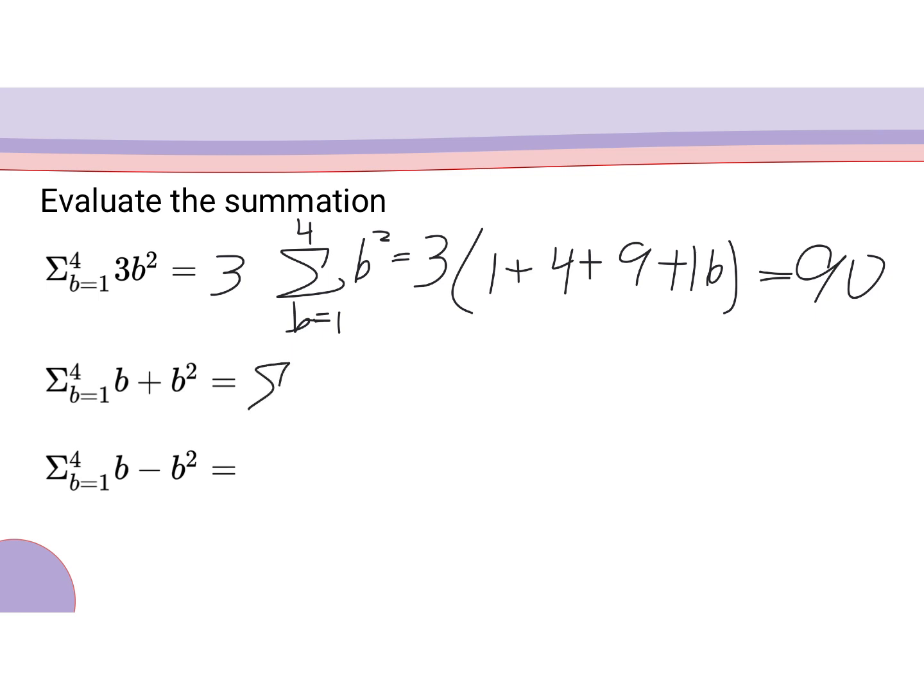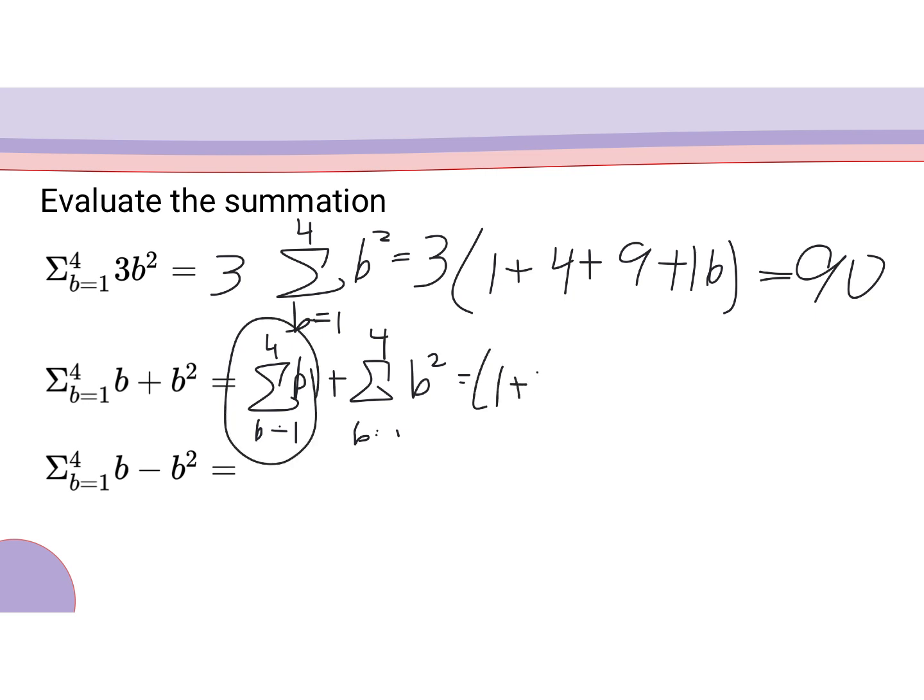Now with this one, again, if I choose to, I actually don't think I would do it for this one. I think I would just do it normally, but just to show you the effect of what it's talking about. I want b minus b squared for 4. If I just sum b together, 1, 2, 3, 4, and then I sum their squares, 1 plus 2 squared plus 3 squared plus 4 squared. Again, that's all that's really asking me to do. So this is 30, 6, and then another 10.